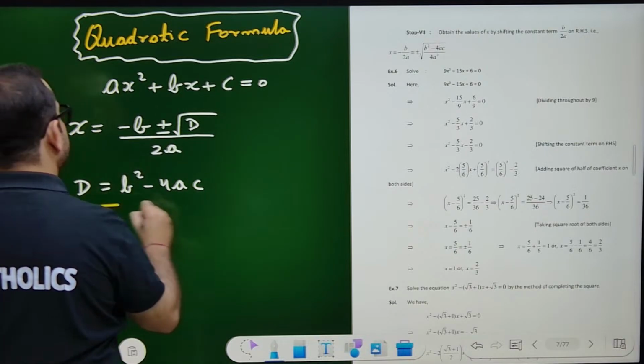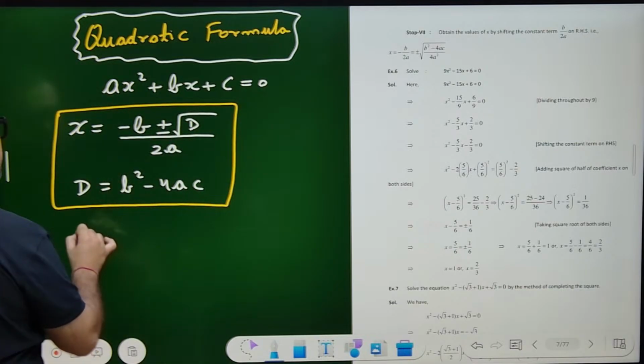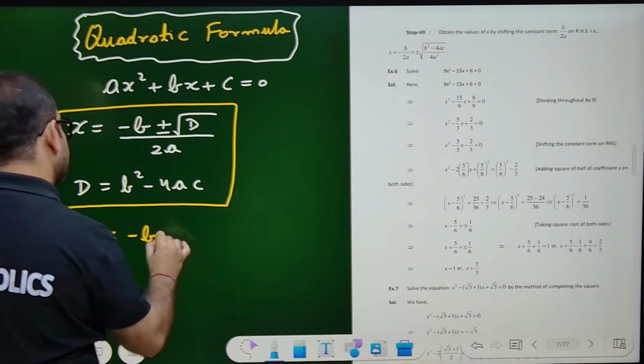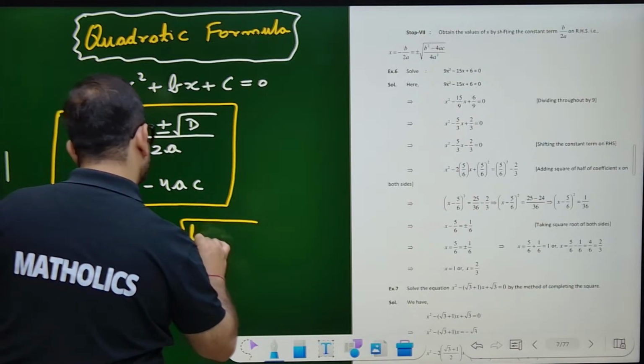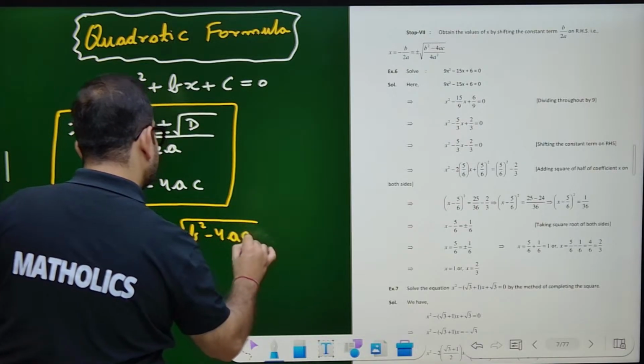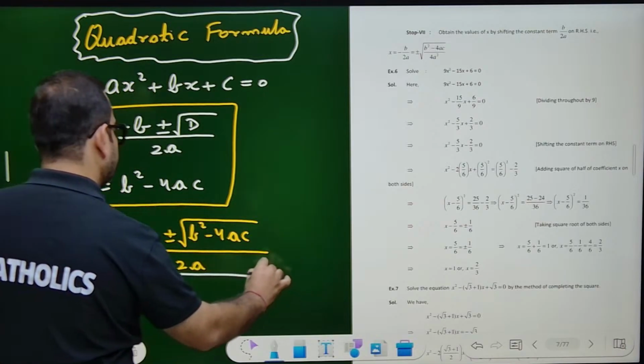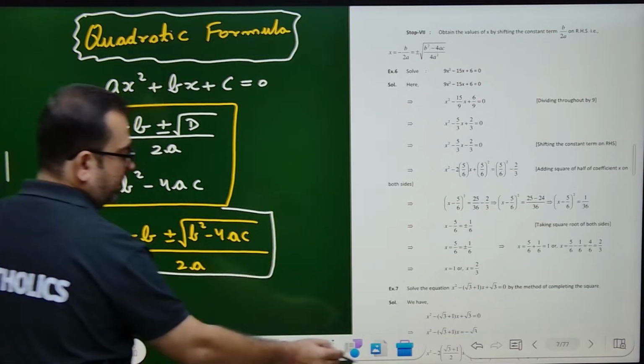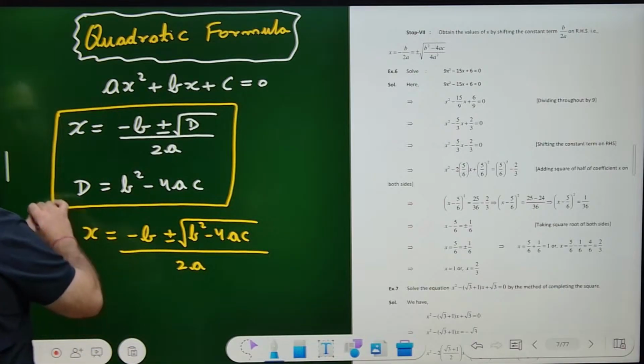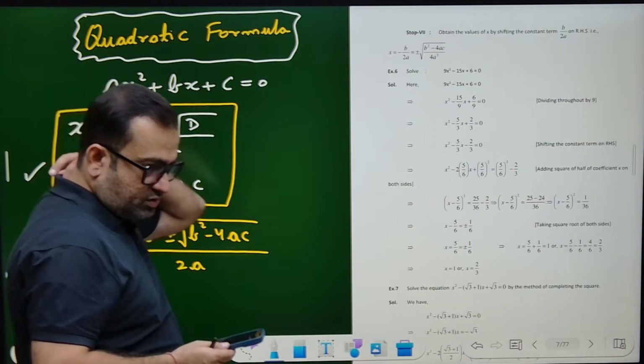Or you can write it as x equals minus b plus minus under root of b square minus 4ac, whole upon 2a. Both are correct, but first you have to write d equals b square minus 4ac.